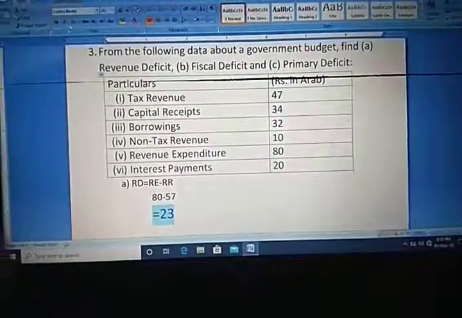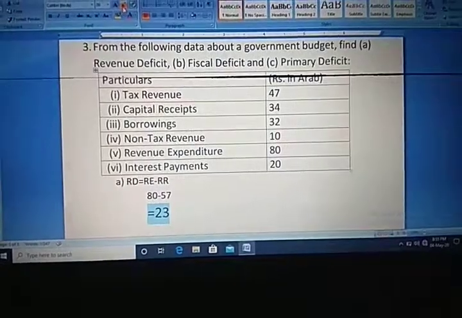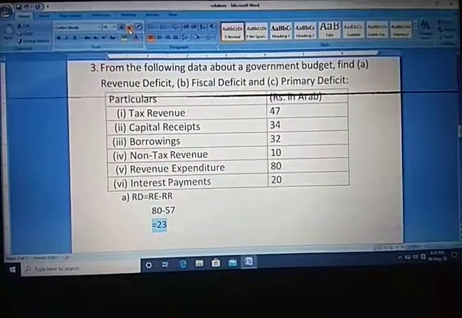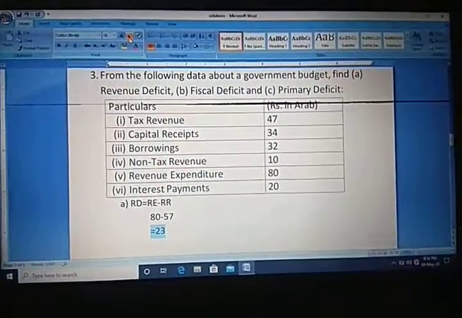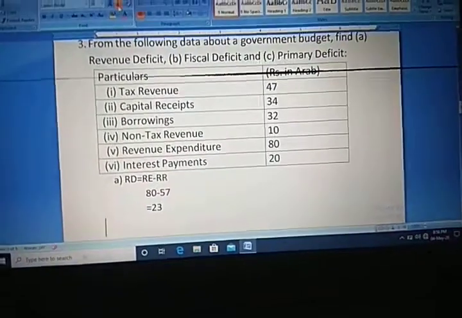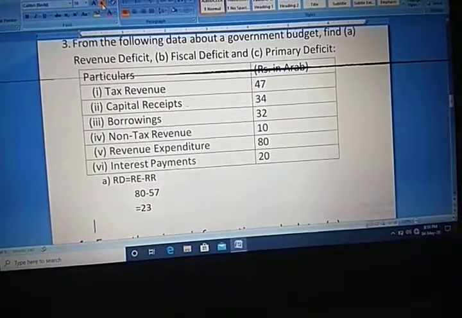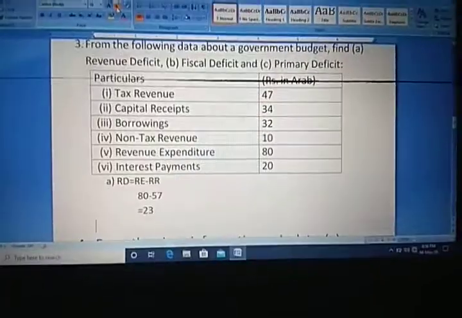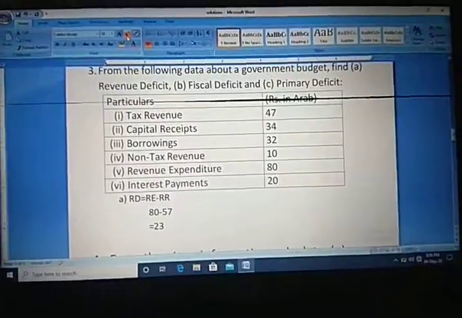Now the next thing asked in the question, as you can see on the screen, is to calculate fiscal deficit. We know two formulas for calculating fiscal deficit. The first formula is total expenditure minus total receipt excluding borrowing.